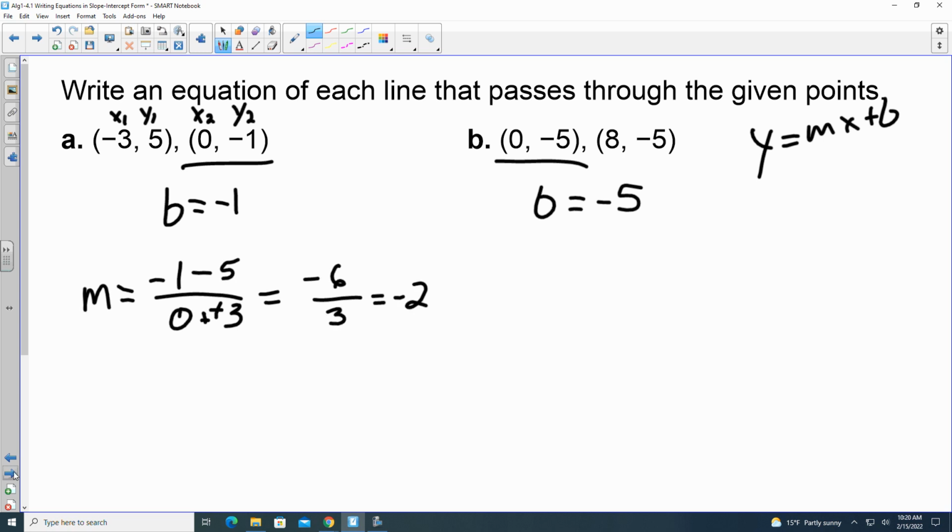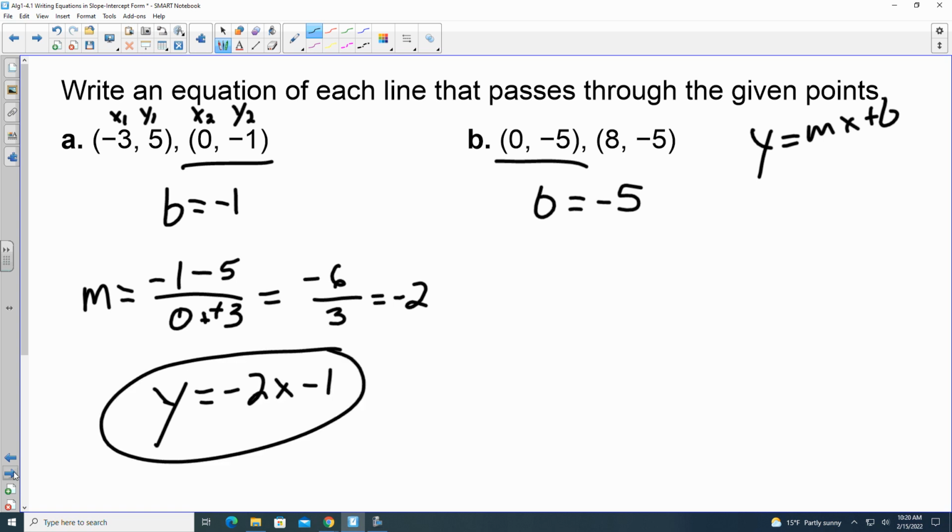I have my slope, I have my y-intercept, all the information I need to write my equation, which is now going to be y equals -2x minus 1. I look over at b, I do the same thing. I plug in the slope formula, so this is my x1, y1, x2, y2.